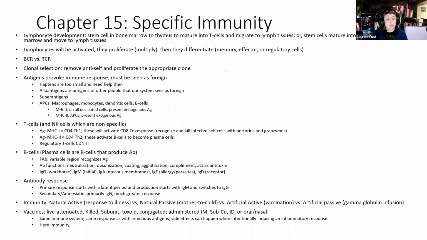Okay, so these T helper cells, the TH2 ones, will help activate B cells and tell them, yes, we are in fact recognizing the correct thing. I see it, you see it. Okay, I'm activating you. So the B cells will then proliferate, and some of them will become plasma cells. Plasma cells produce antibody. They secrete antibody, and they just pump it out like mad.